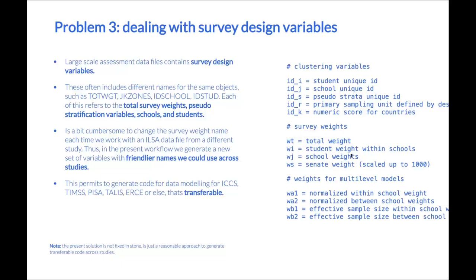The other weights that we might need for modeling are the within school weights and the school weights. This is especially the case for multi-level modeling using pseudo-maximum likelihood, in which we estimate a random term that will represent the latent mean of the schools, but at the same time, we want to include the survey design in the estimations.